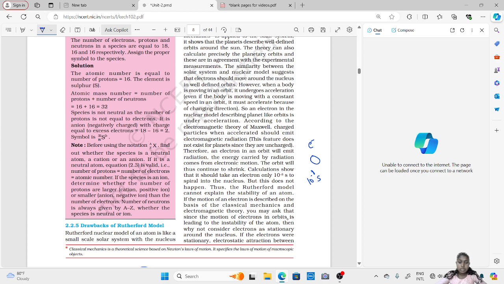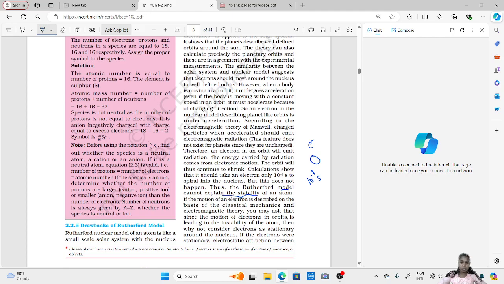But this does not happen, right? If that happened, the atom would not be there. Thus, Rutherford's model cannot explain the stability of an atom.